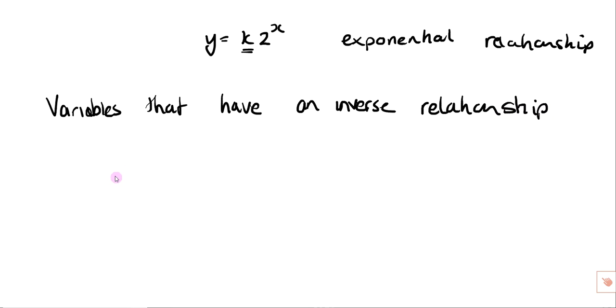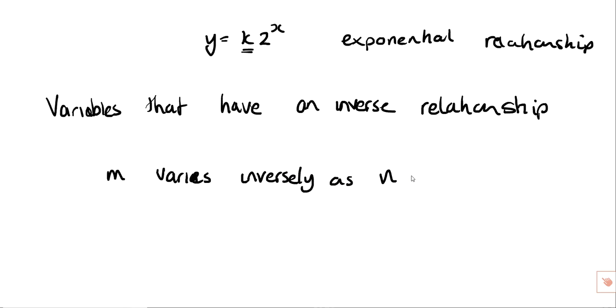So we could say m varies inversely as n, for instance. So what does this mean?